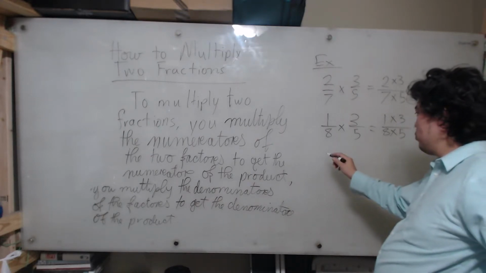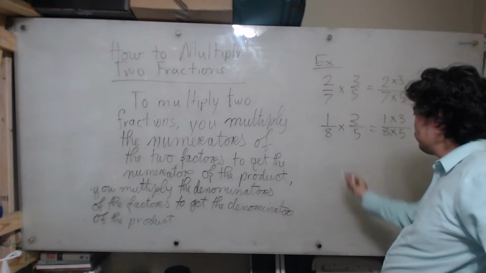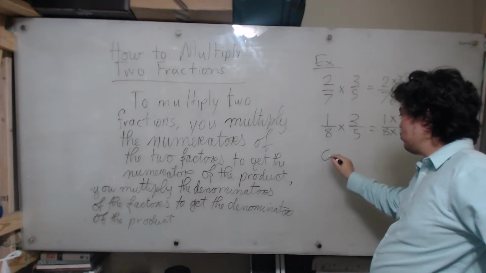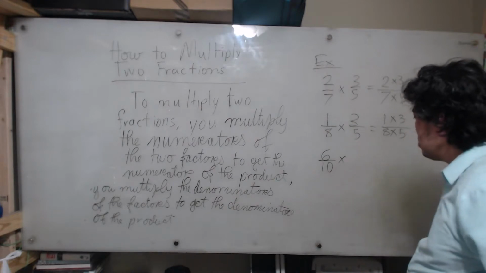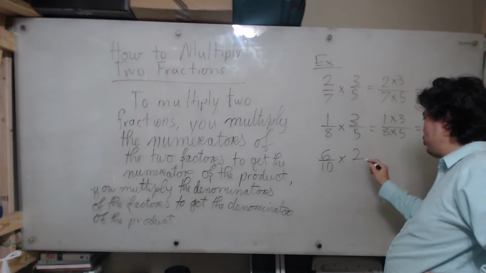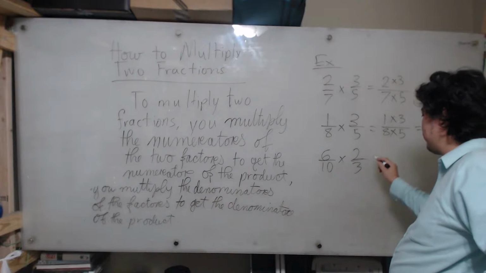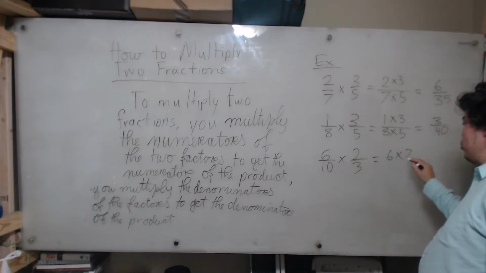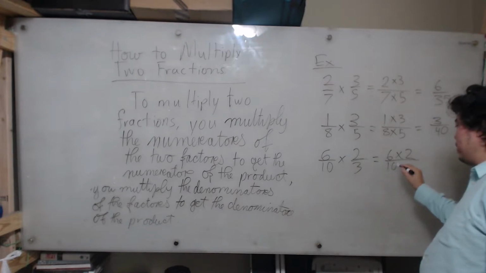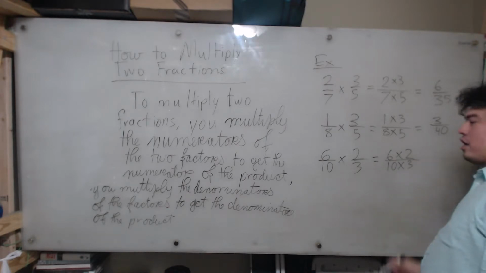Let me also do, let's say, 6 over 10 of 2/3, or whatever. This will give us 6 times 2 as my numerator and 10 times 3 as my denominator. And again, why?